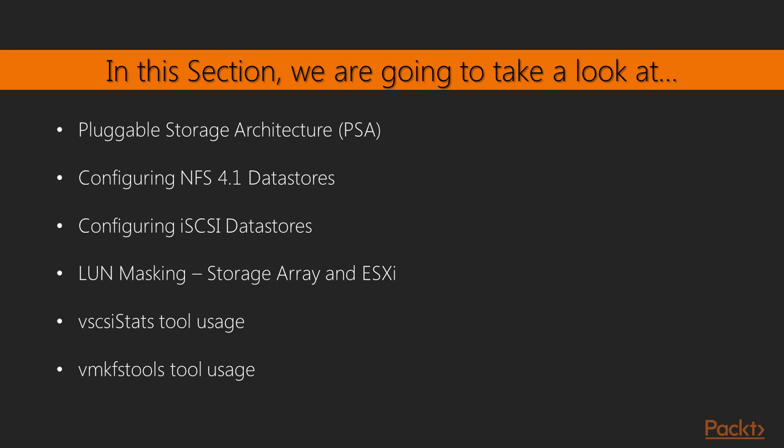But there are times when the GUI way of doing things, so using the graphical user interface of, say, the web client, there are times when the information that you need is not readily available through that, or in some cases just doesn't work because things are really in bad shape out in the storage, in which case you can go in with the VMKFS tools, for example, and be able to manipulate partitions, manipulate VMFS file systems, as well as VMDK virtual disks. vSCSI stats is a terrific tool as well.